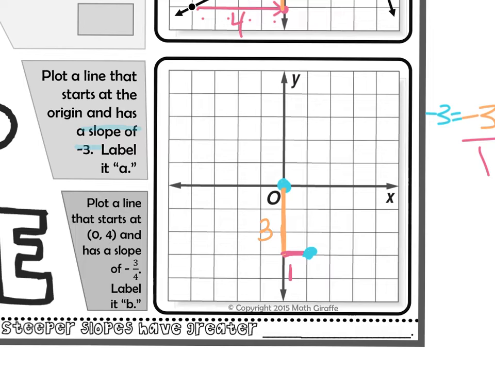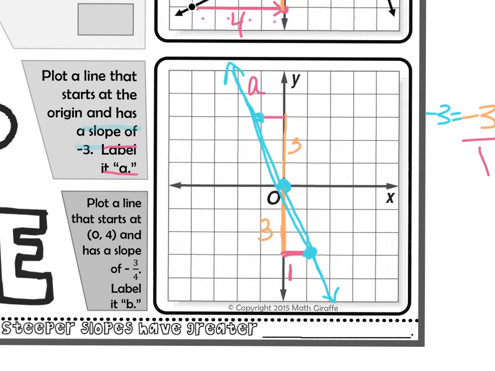But really what you want to do is continue in this other direction. So I'm going to go up 1, 2, 3, and then go left 1, because again we're working with a negative line, and I'll connect those dots, and that is a slope of -3. The second part says label it A, so I'm going to label this line A.